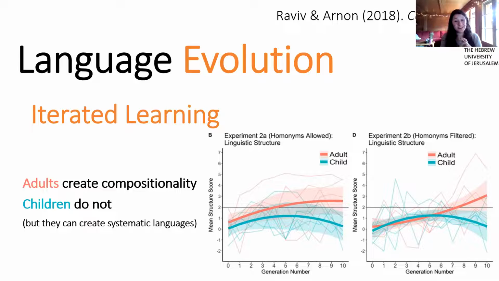And children's languages did not show such an increase in compositionality. However, they did become easier to learn in both conditions in the same manner as for adults. And children also managed to develop languages that had, on several occasions, significant systematic structure. So it's not the case that they can't do it.